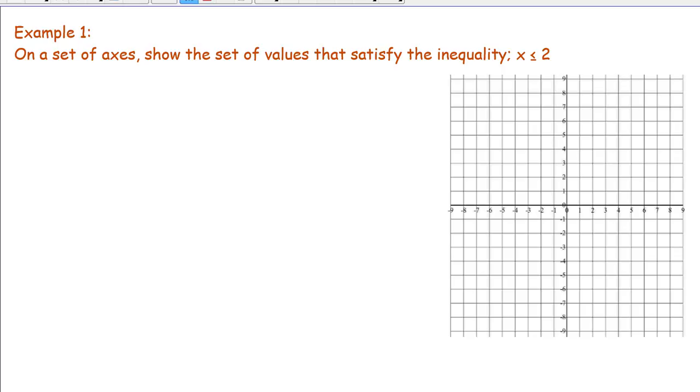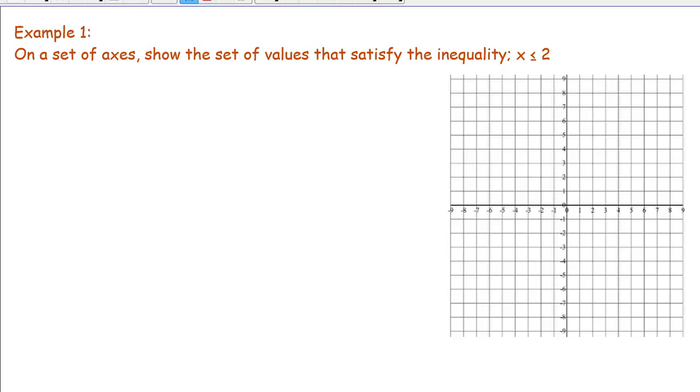So example 1, on a set of axes, show the set of values that satisfy the inequality x is less than or equal to 2.